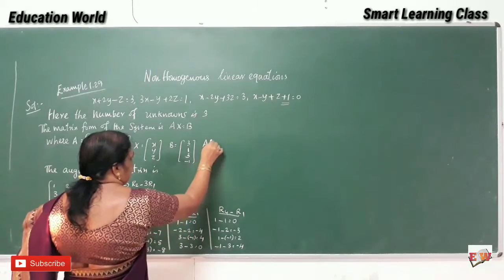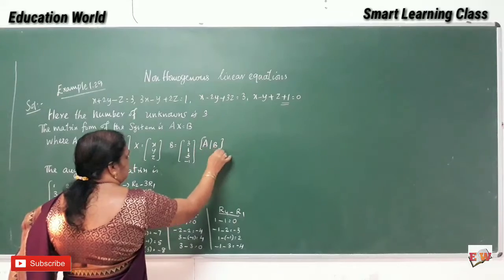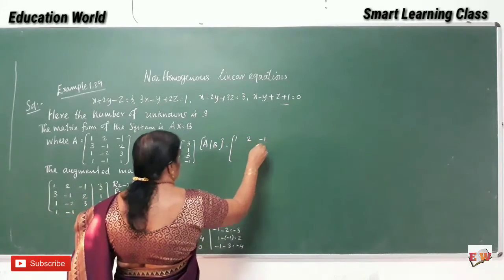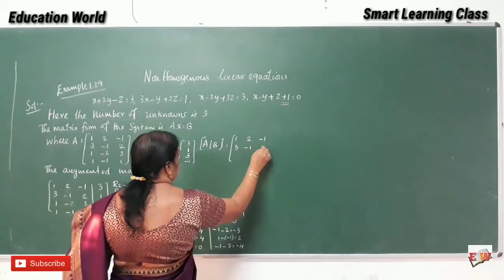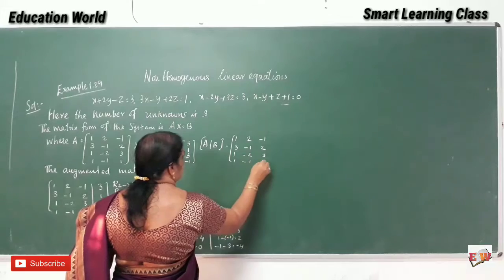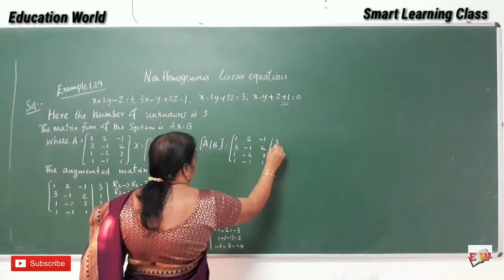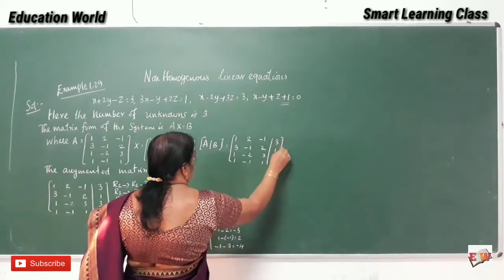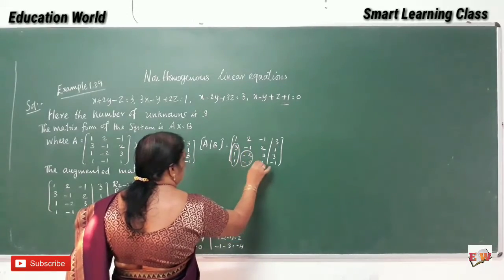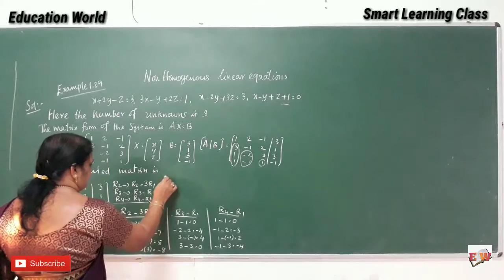Just I am writing here the augmented matrix: 1, 2, minus 1, 3; minus 1, 2, 1, minus 2; 3, 1, minus 1, 1; 3, 1, 3, minus 1. First we are going to bring these entries to 0.